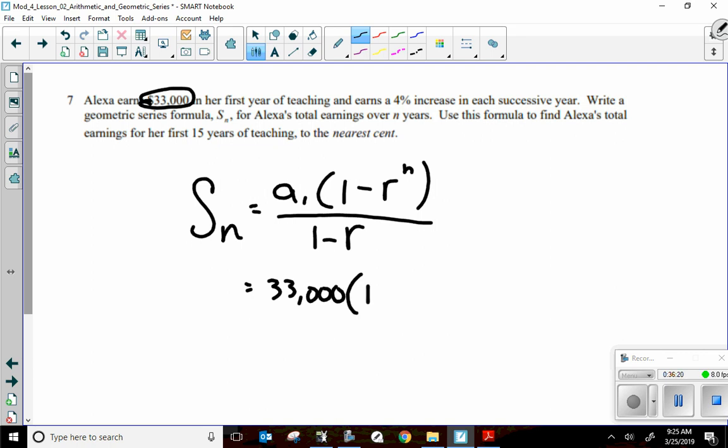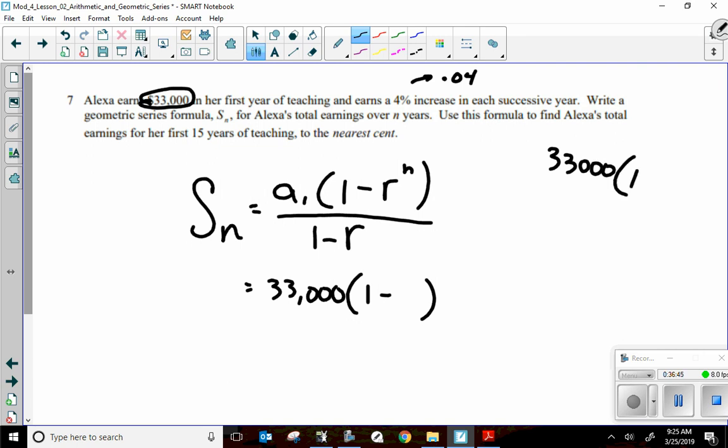1 minus r. Now r, first of all, we can't put percents into equations. We've got to turn it into a decimal. My r is not 0.04. It increases by 0.04, which means if I want to take 33,000, isn't it growth?